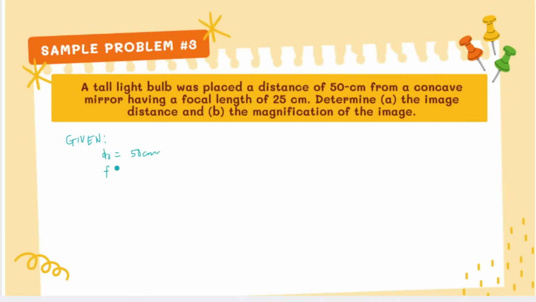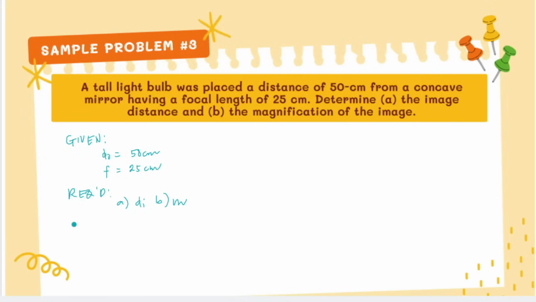We have a focal length of 25 centimeters. And we are asked for image distance and the magnification. We don't need the height for the magnification. Instead, we just need the value of di and do.